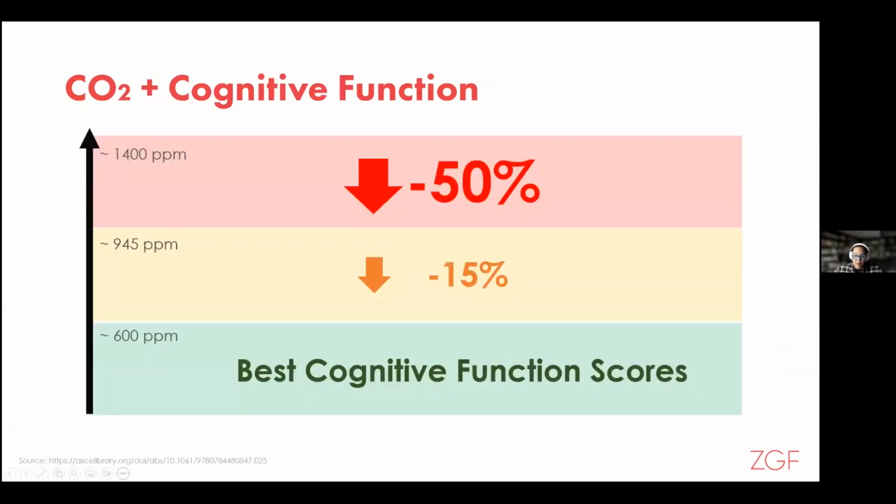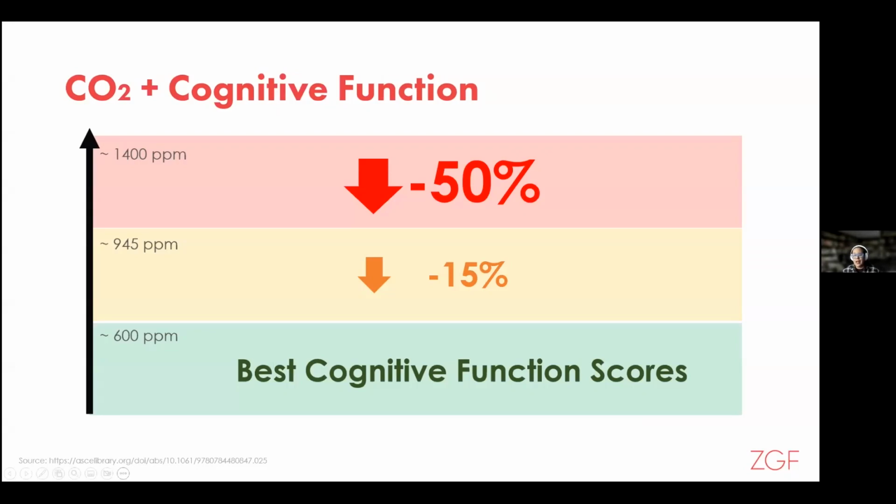So as an occupant, I can tell you whether I'm hot or I'm cold, but I can't tell you whether the CO2 levels are high in my space, right? CO2 is something that you can't smell, you can't feel. And so we don't really understand how it impacts us, but there's been some really great research connecting CO2 levels to cognitive function.